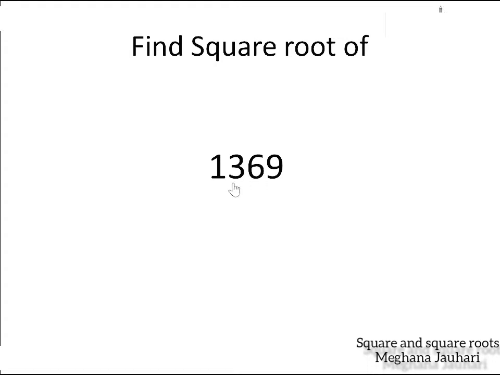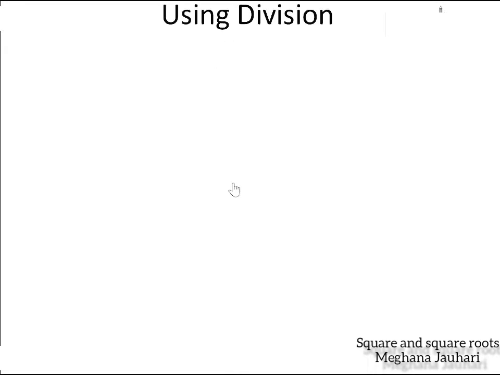So we are going to find the square root of this number using the division method. How to proceed? In this method, starting from the unit place, we will place a bar over the pair of numbers from right to left. Clear? Here we have 1369.